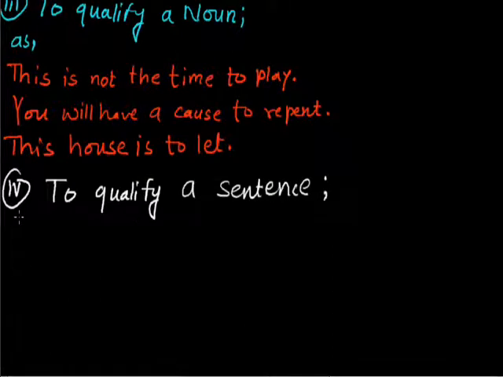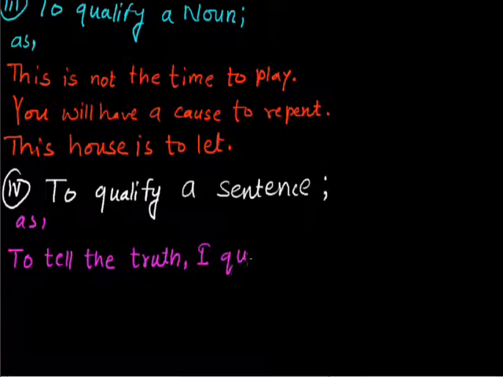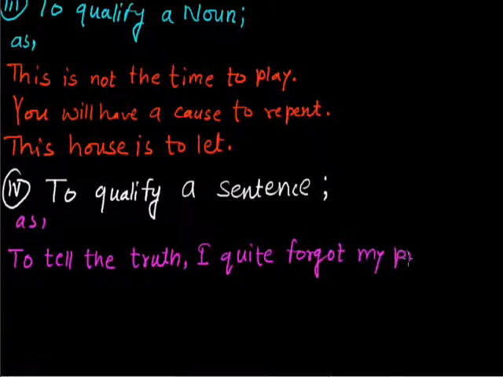For instance, when I say, to tell the truth, I quite forgot my promise. Here in this sentence, I quite forgot my promise is the complete sentence which is being qualified by the infinitive phrase to tell the truth.